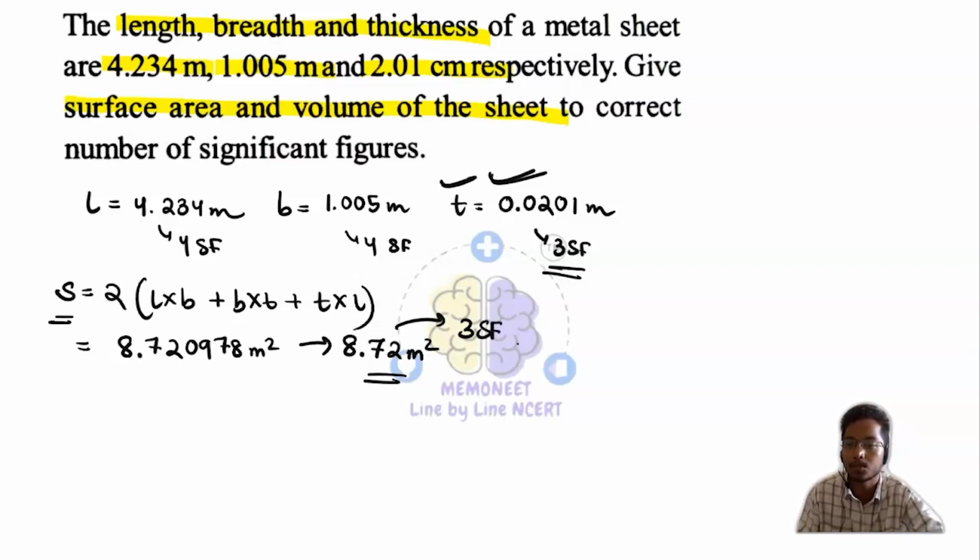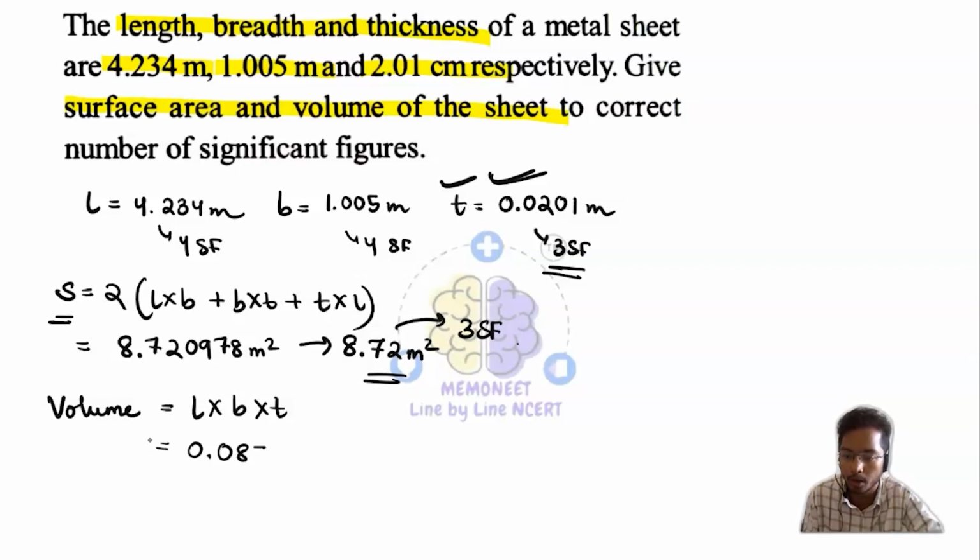Okay, if you try to find the volume, volume is equal to length into breadth into thickness. If we put all this in, we will find 0.0855289 meter cube. This is the volume, but what will be the correct answer?